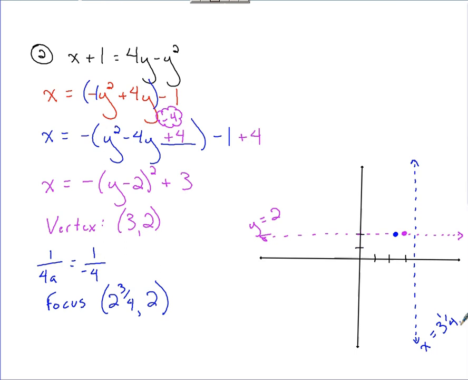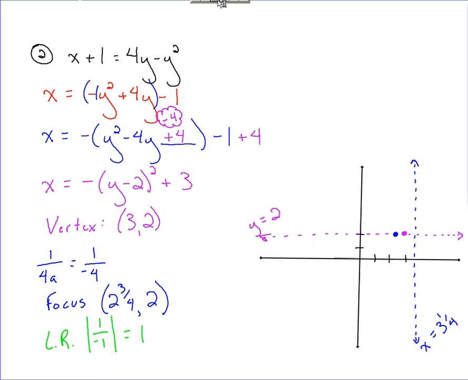Only thing left to do now is consider the length of the latus rectum, which would be the absolute value of 1 over a. So 1 over negative 1. If I take that absolute value, obviously I get 1 back.